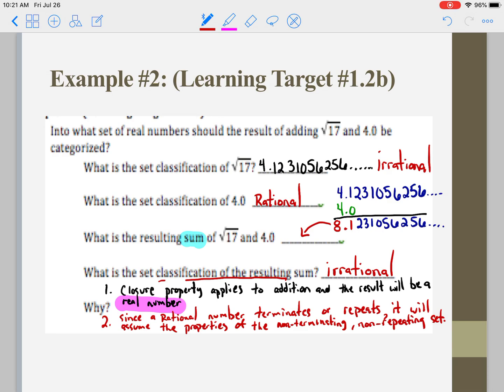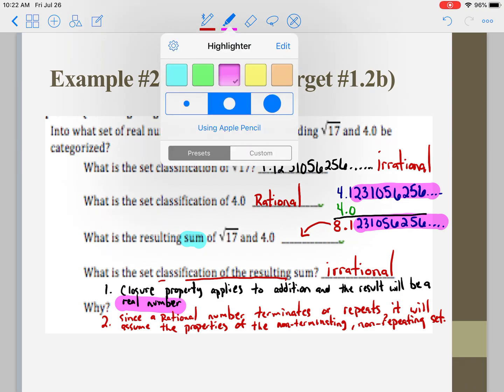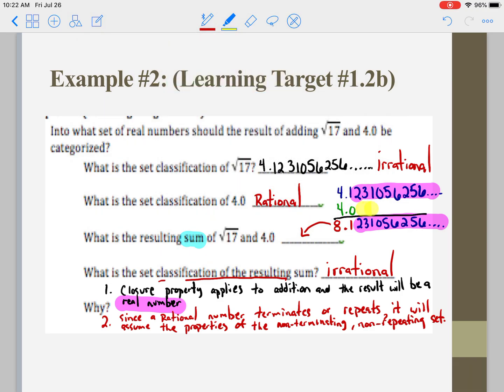Now let's think about it. What we're actually saying with that is, if I look at the example that we've worked, there is not a way to change this portion of the irrational number into a terminating or repeating decimal by adding anything below as a part of the rational number.